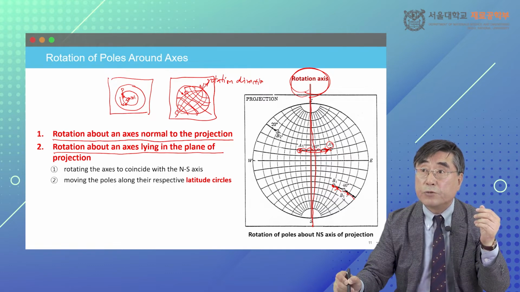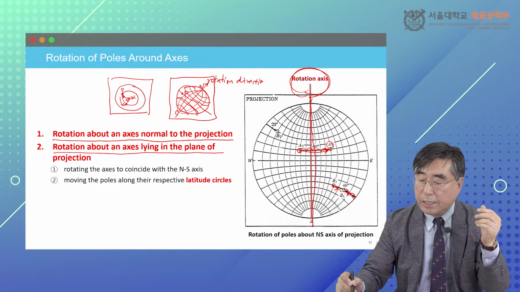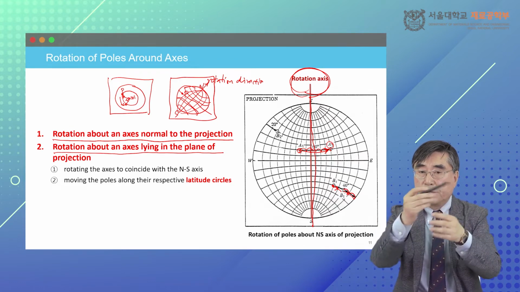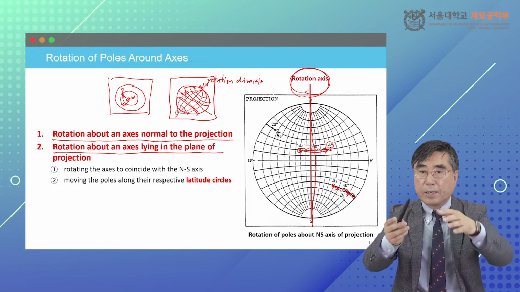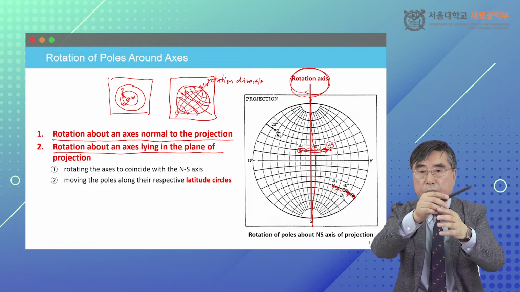Now I have to rotate 20 degrees more. Then you go back in these directions 20 degrees. Now this is from upside to downside. I have the pole, I rotate it.